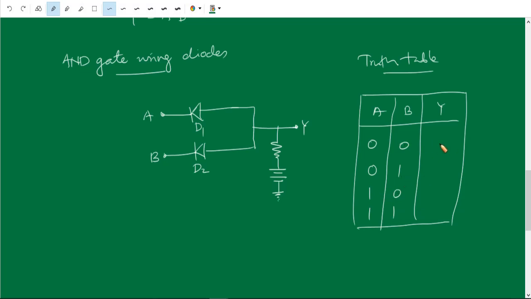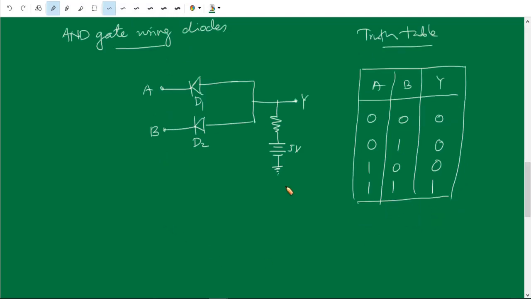So here the output is 0, for 0 1 the output is 0, for 1 0 also the output is 0. If both A and B are 1, then the output is 1. Let us see how to accomplish this truth table using this circuit.